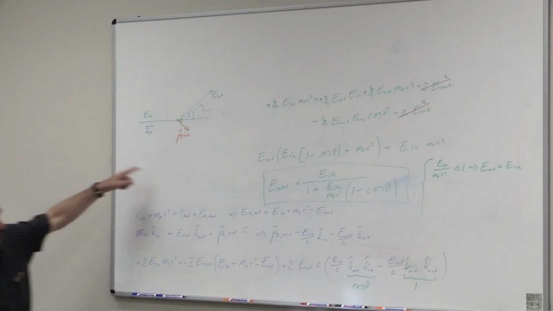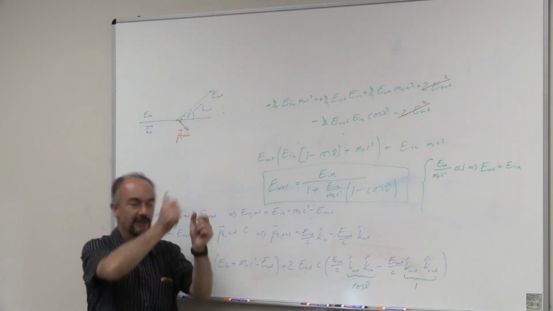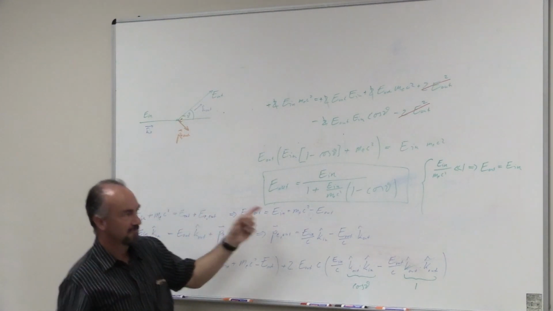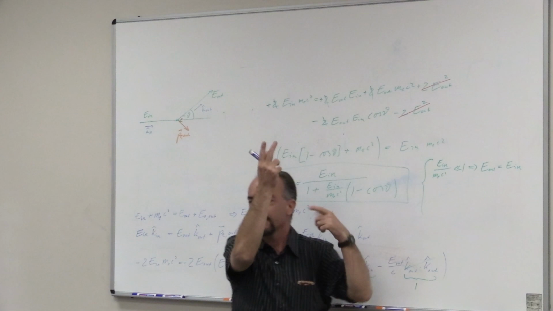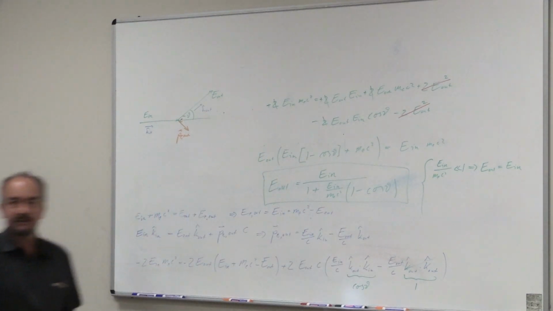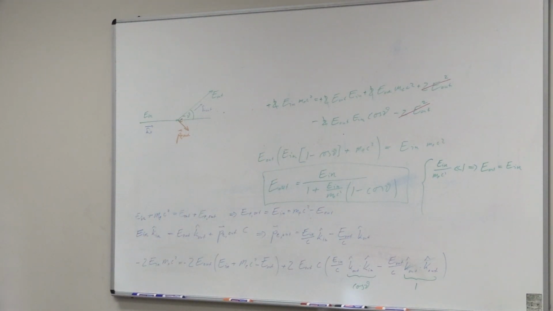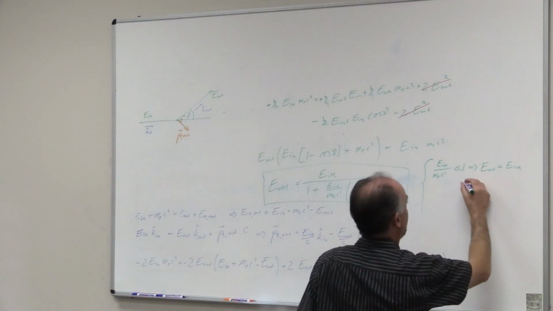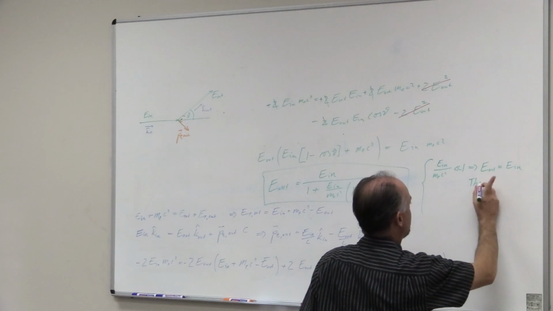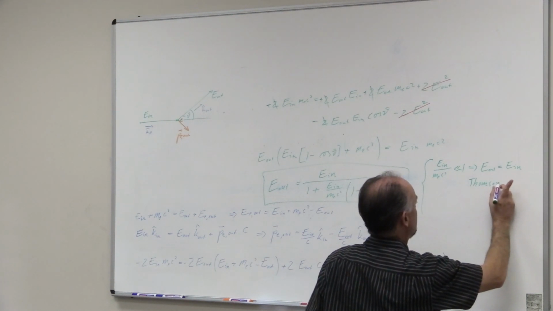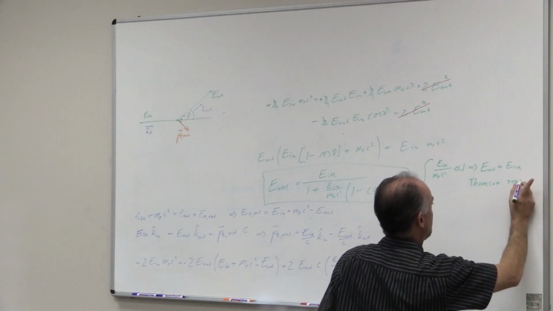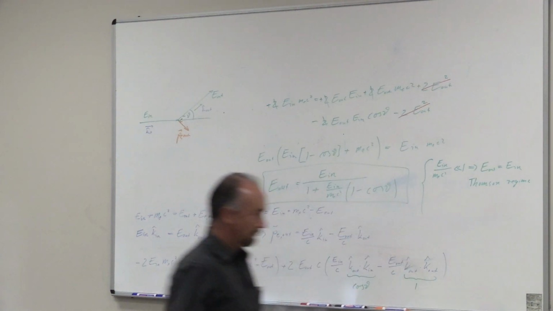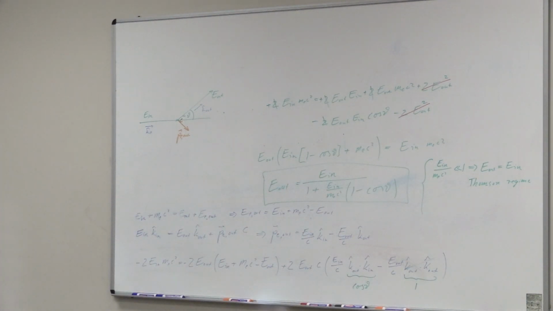Which means if we are in this regime where the photons have very low energy, the scattered photon essentially doesn't change. The photon doesn't change energy. It's bounced off somewhere else, but essentially with the same energy. So this means it's elastic scattering, and this is something called the Thomson regime. So this low energy regime where the photons are just scattering off elastically, that's called the Thomson regime of photon scattering.